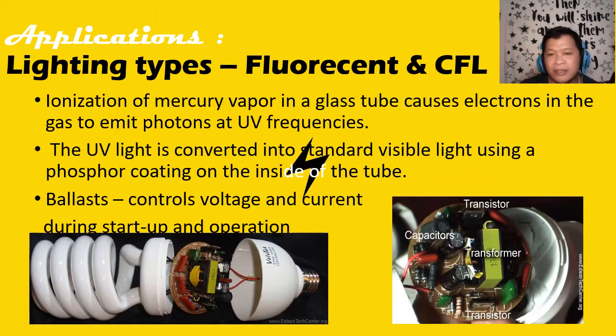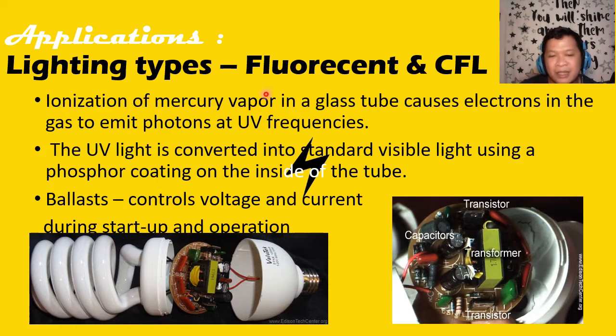So, we also have the fluorescent and compact fluorescent lamps or CFLs. So, either yan yung pahaba na puti na mukhang lightsaber or yung mga ganyan na toroidal or parang nag-u-turn na mga bulb. So, what makes them unique is the use of mercury vapor.